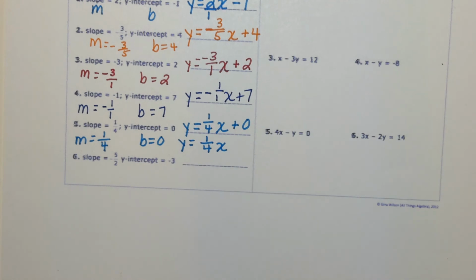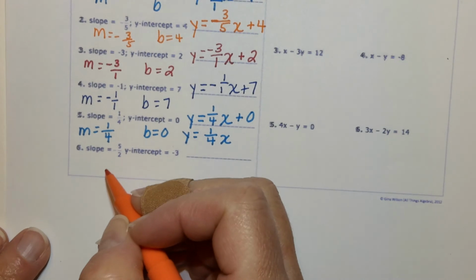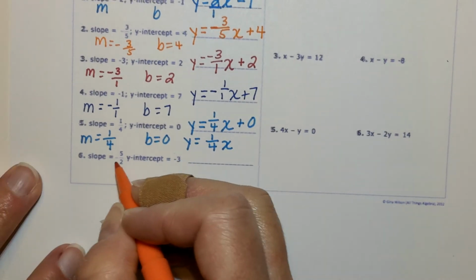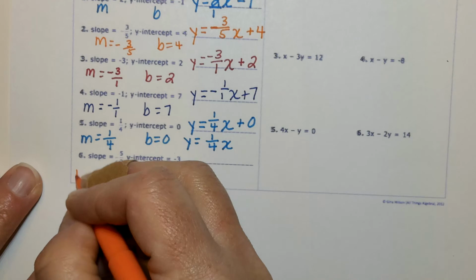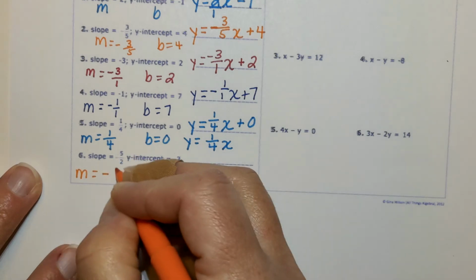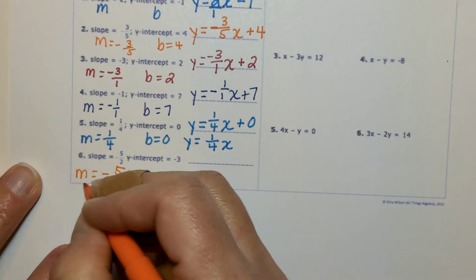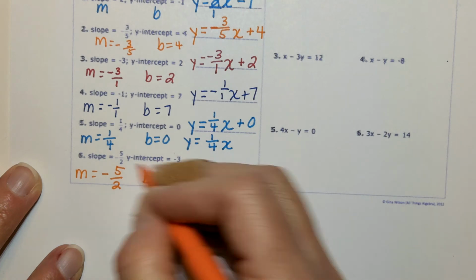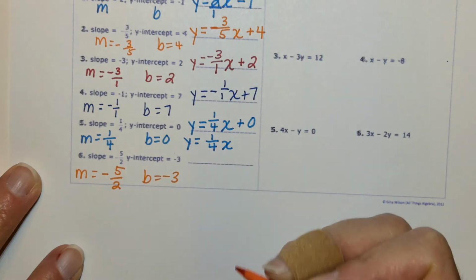And you're going to see this in the future. You're going to see linear equations that don't seem to have a y-intercept. And you have to remember, if you don't see it, it's a 0. Okay? All right. Let's do number 6.